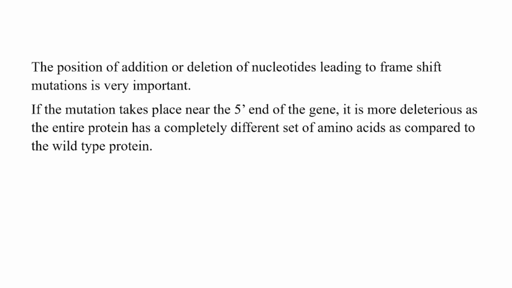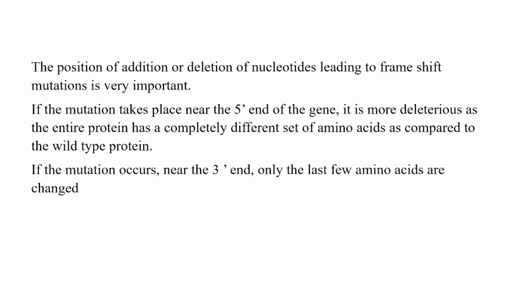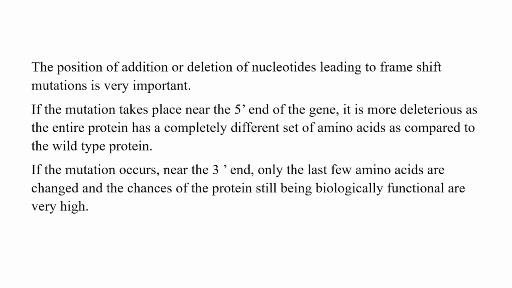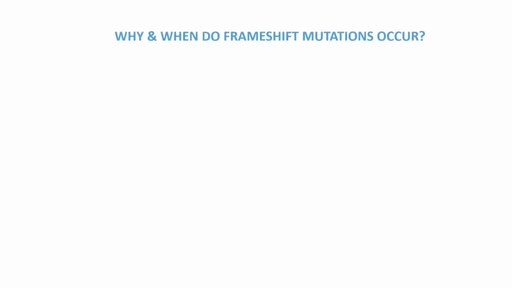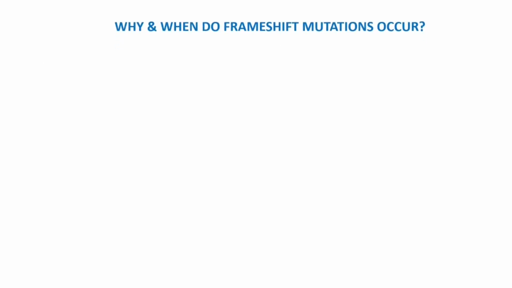On the other hand, if the mutation occurs near the 3' end, only the last few amino acids are going to change, and as a result of that, the chances of that protein still being biologically functional are very, very high. Now, let us try to figure out why and when do frameshift mutations occur.